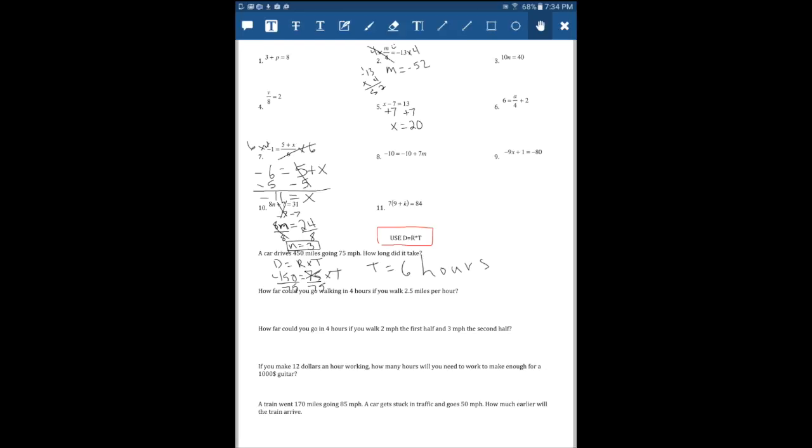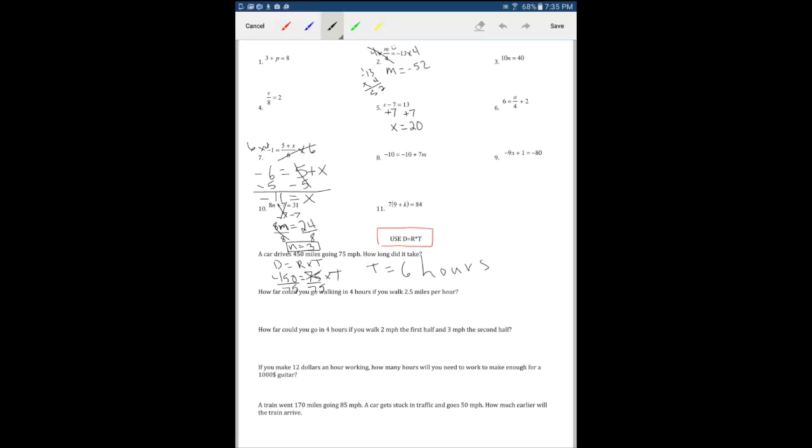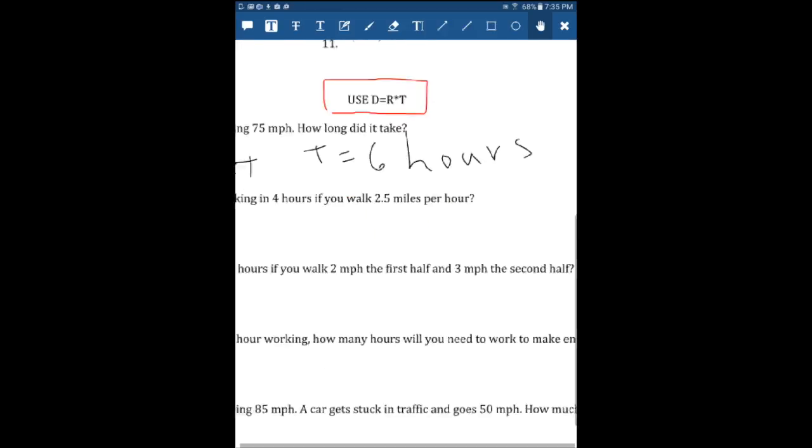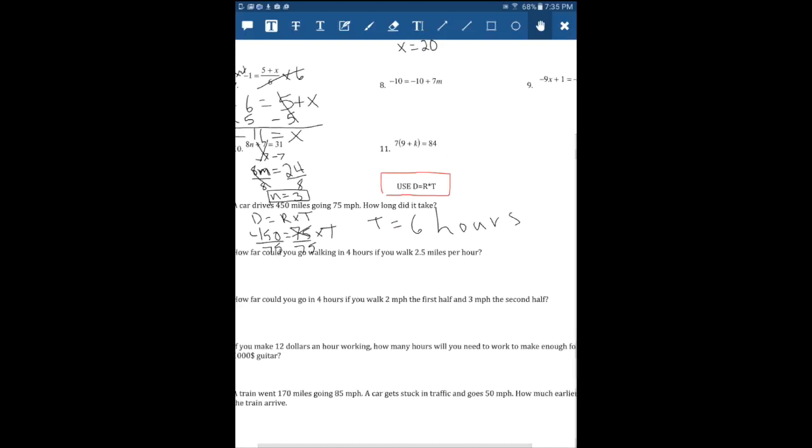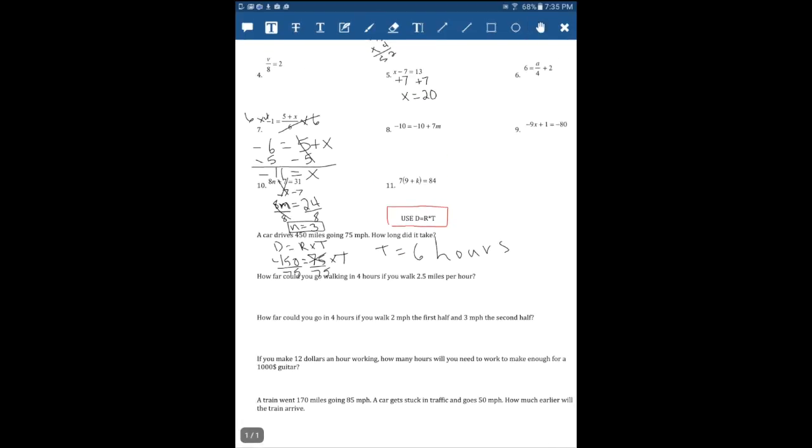One more, then I'm going to be out of here, and you guys are going to be finishing it off quickly, I'm sure. Let's talk money. Let's look at this one right here at the bottom. If you make $12 an hour working, how many hours will you need to make enough for a $1,000 guitar? We got expensive taste in music.